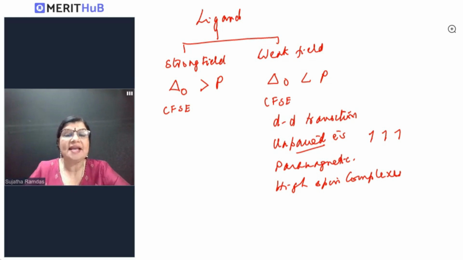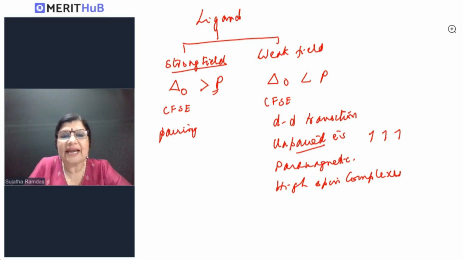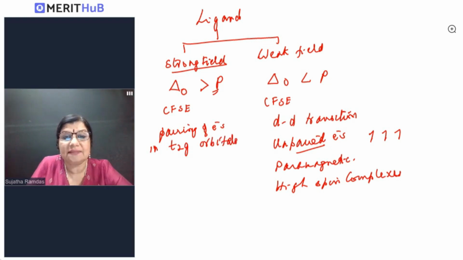On the other hand, if the ligand is a strong field ligand, the crystal field splitting energy is greater than the pairing energy. So the electrons get paired. Pairing of electrons occurs in the lower energy d orbitals, the three t2g orbitals.